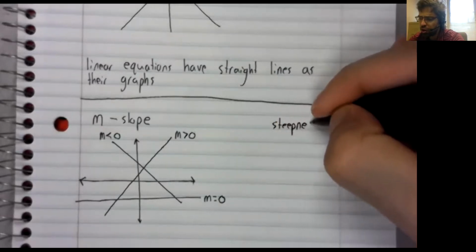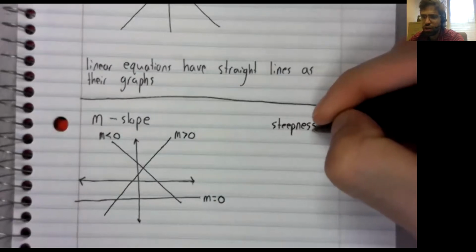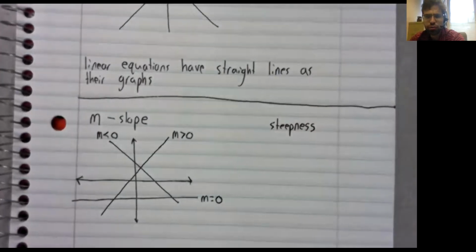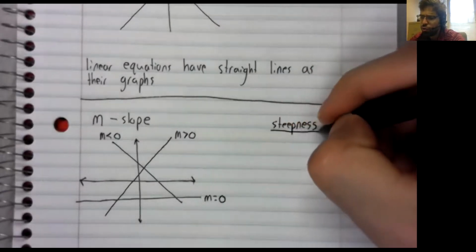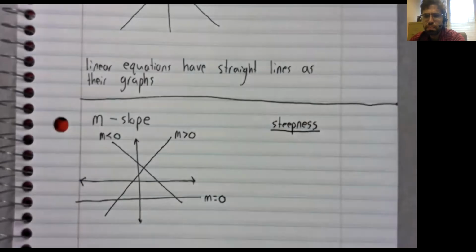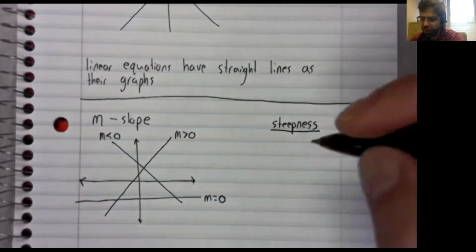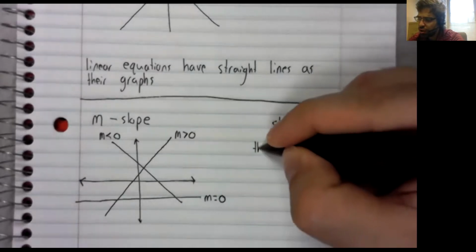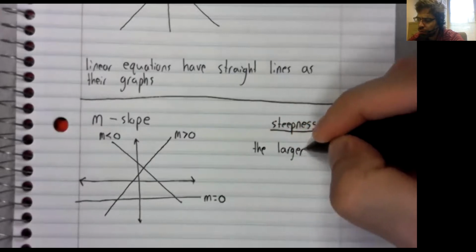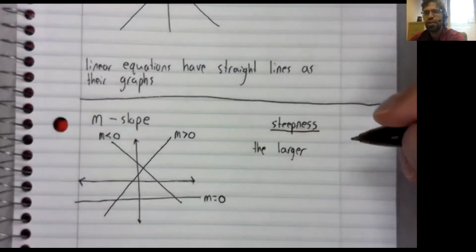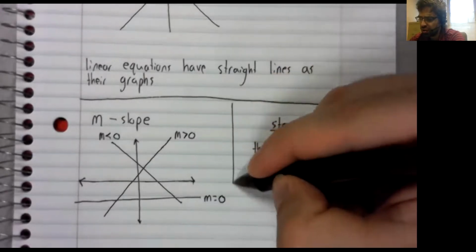M also, in addition to controlling the general shape, controls the steepness. So the larger, how should I put this?